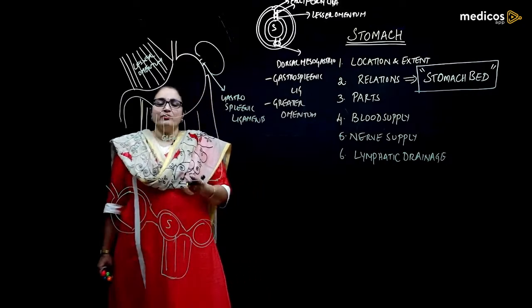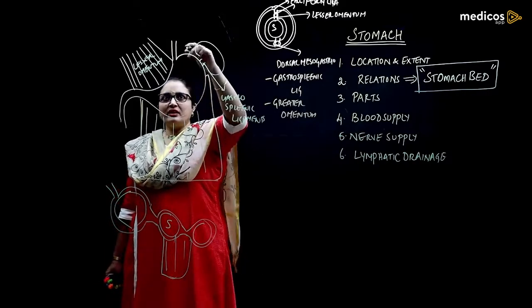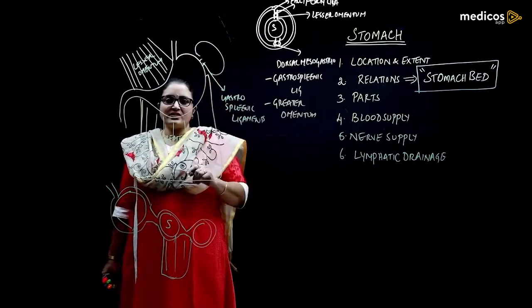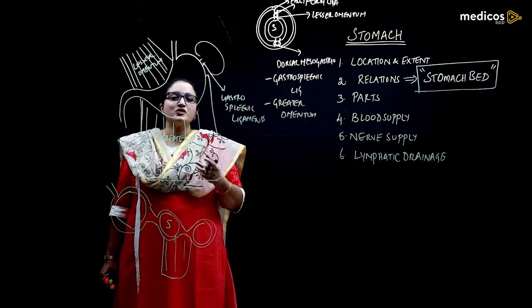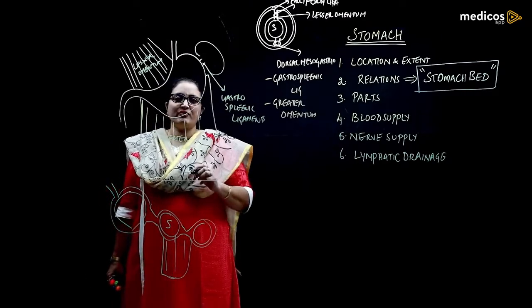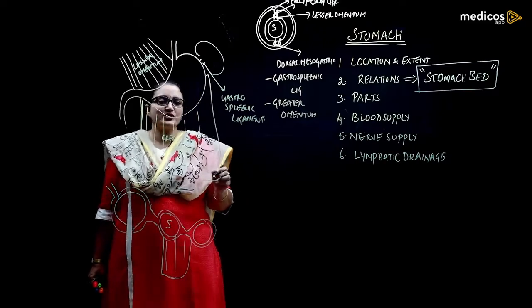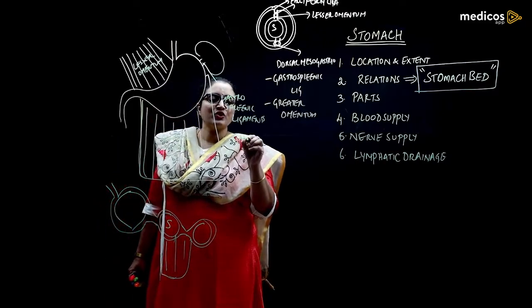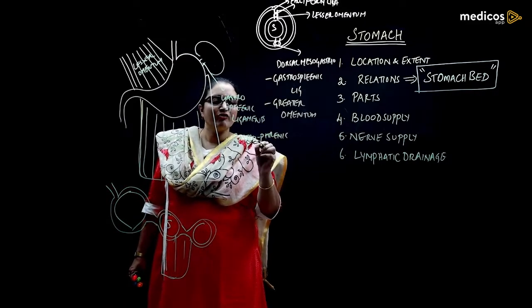Sometimes, the posterior or superior part of the stomach is said to be bare. Bare means it is not covered by peritoneum. At this point, the stomach is attached to the diaphragm with the gastrophrenic ligament. Even that is a peritoneal fold, again a double layer of peritoneum.